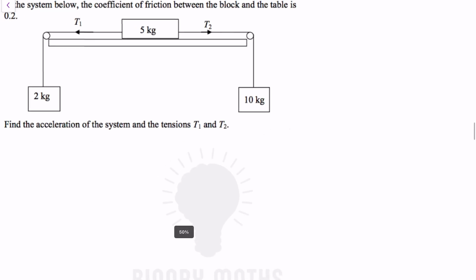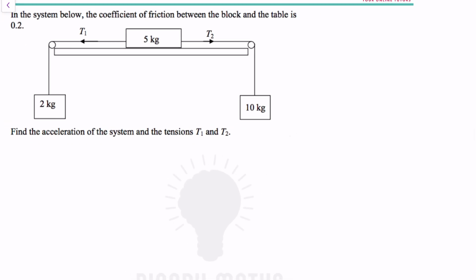Okay, in the system below, the coefficient of friction between the block and the table is 0.2. So if we split it up, we're going to have tension 1 here. We've got 2g here. We've got tension 1 here, tension 1 here. We've got 5g here. It's not moving vertically, so 5g here.